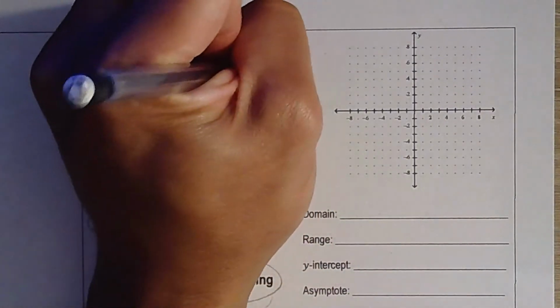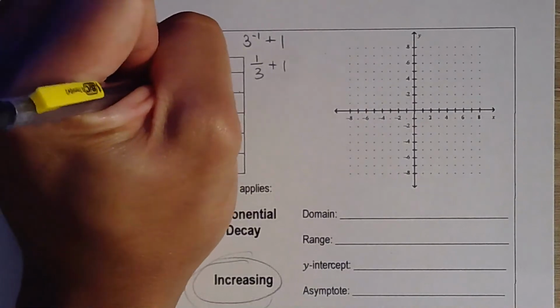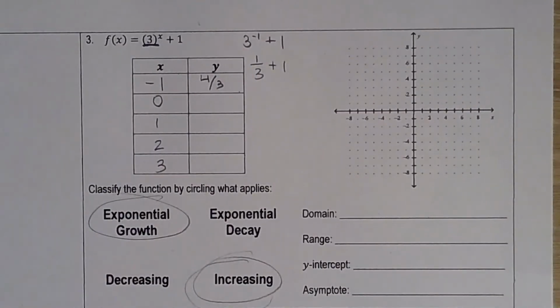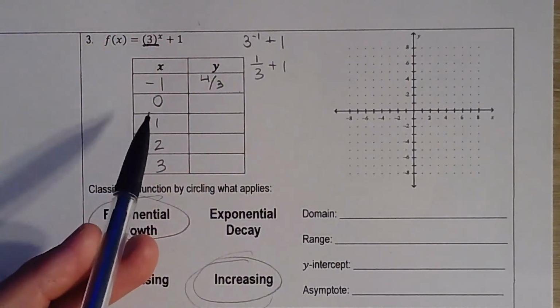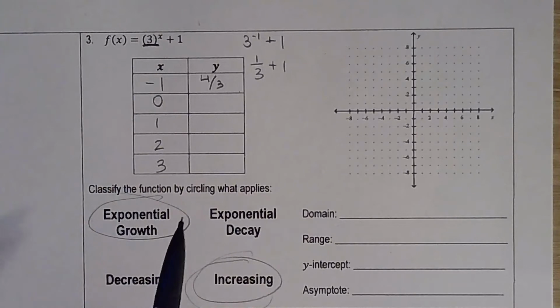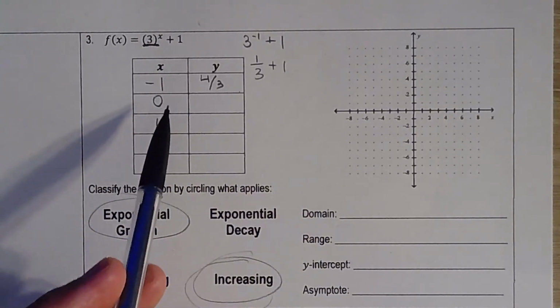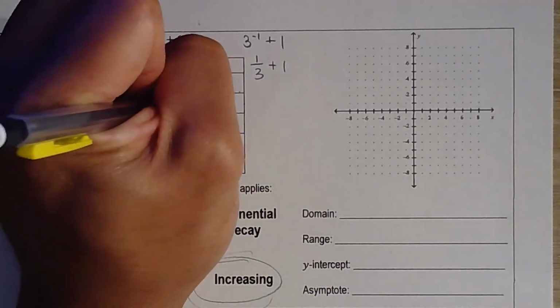All right, so 1/3 plus 1, that gives us 4/3. All right, 3 to the 0 power plus 1. All right, x is 0. 3 to the 0 power is 1. 1 plus 1 is 2.